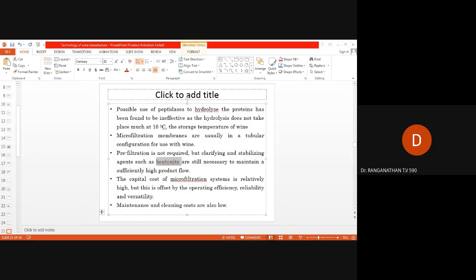What is the role of filter aid? Sir, it will remove all the solid particles and will give a clear product. What is a filter aid actually?